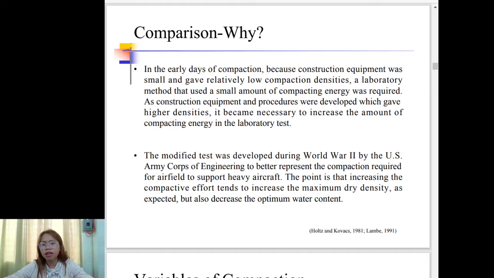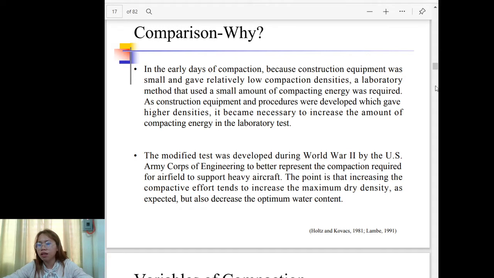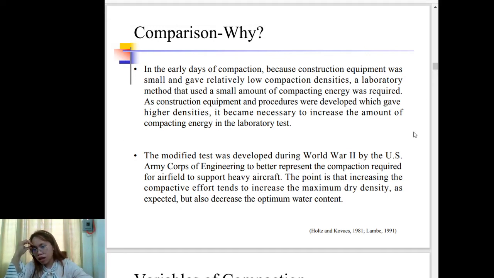Comparison, why? In the early days of compaction, because construction equipment was small and gave relatively low compaction densities, a laboratory method that used a small amount of compacting energy was required. As construction equipment and procedures were developed which gave higher densities, it became necessary to increase the amount of compacting energy in the laboratory test.